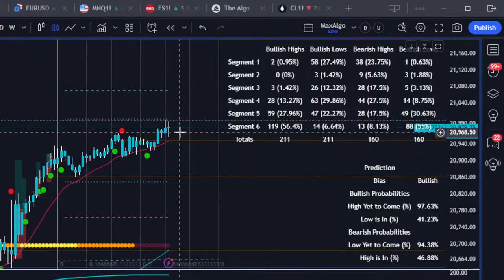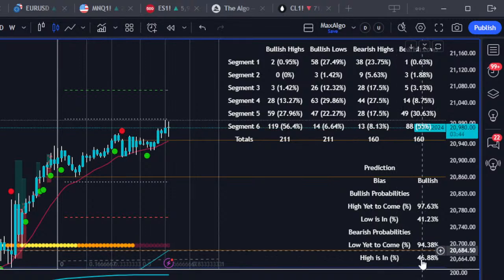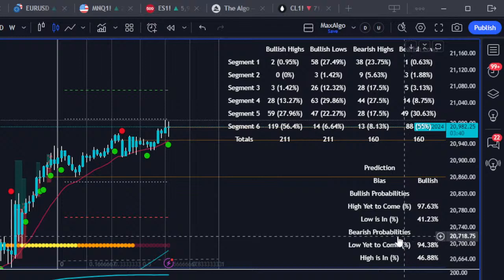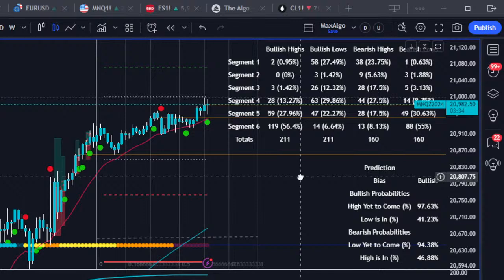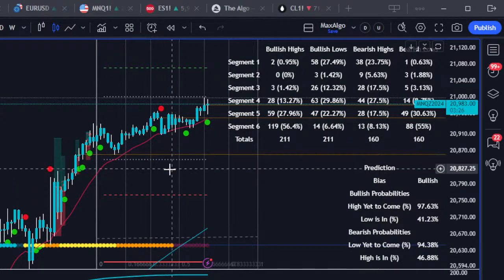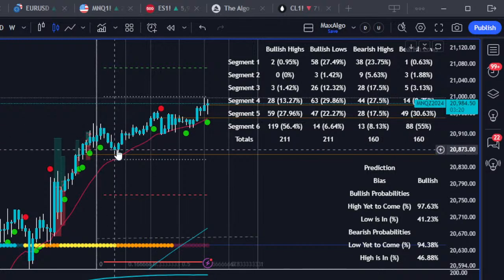So if we're going to go bearish, we've got a 46% probability this is our high. Obviously, still plenty more option for the downside. We've already taken the high the previous day and come back to the open. So, you know, we've done that. Tick, tick. Done it. Here, I think our open came down below.